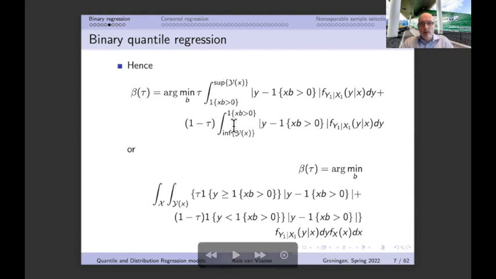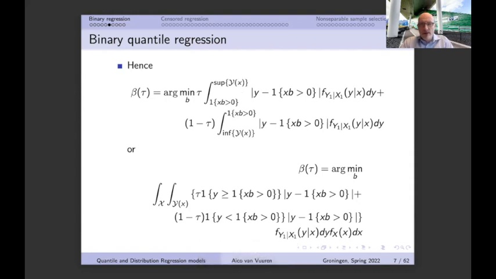And well, if I take the union, then I simply have the support of y conditional x. So therefore I can integrate over the total support of y conditional x, but then I have to take into account, of course, that I need an indicator function here. I have to take into account that this can only be different from 0 when y is going to be larger than this indicator function that we have over here.